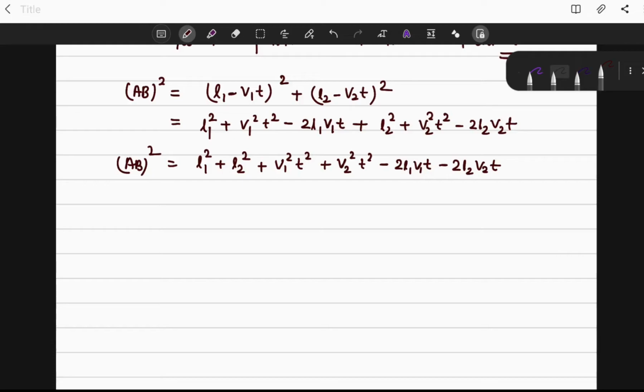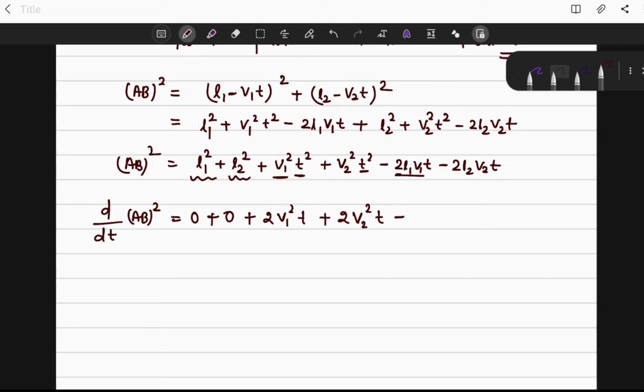Now we will differentiate this equation with respect to time and equate it to 0. The differentiation of L1 square is 0 because it is constant, and the same for L2 square. Here v1 square is constant, and the differentiation of t square is 2t, so we write 2 v1 square t, and similarly 2 v2 square t.